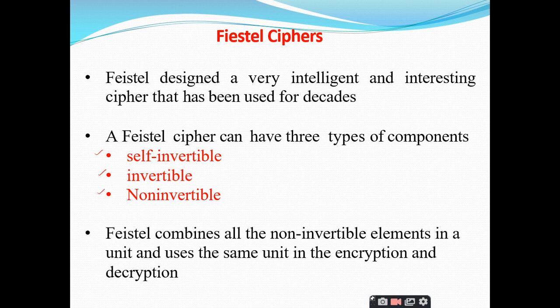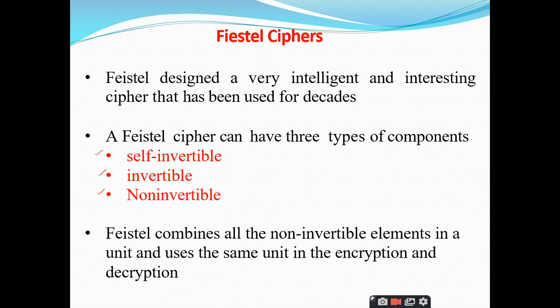So how can you make use of these non-invertible components in a Feistel cipher? They will simply combine all these non-invertible components into a single unit, and use the same unit for both encryption and decryption, right? We can convert the non-invertible component into an invertible component also, that we will see with an example in the coming sessions.